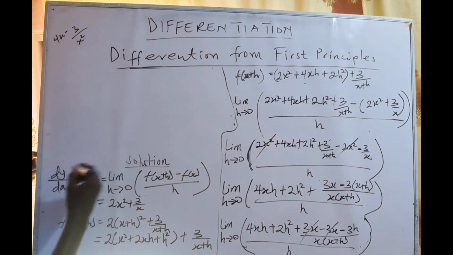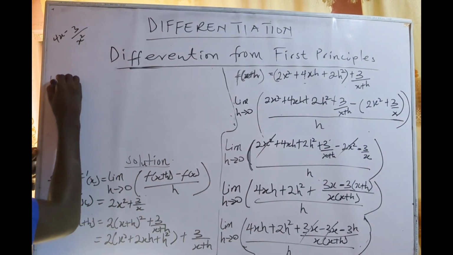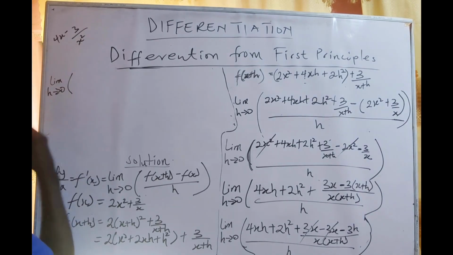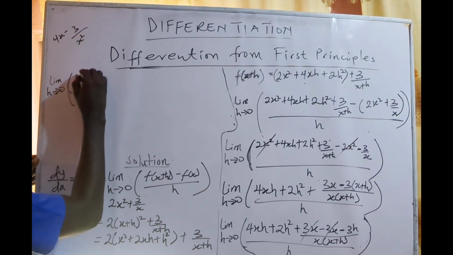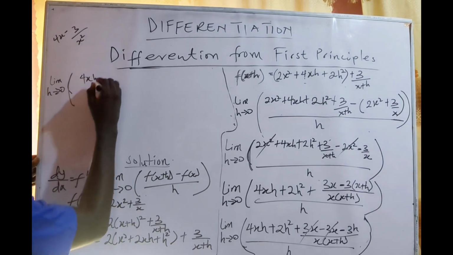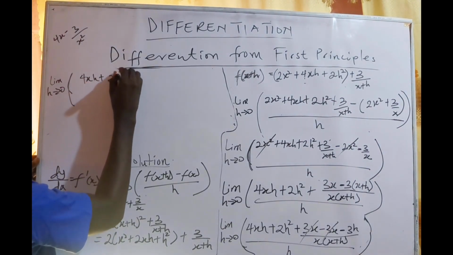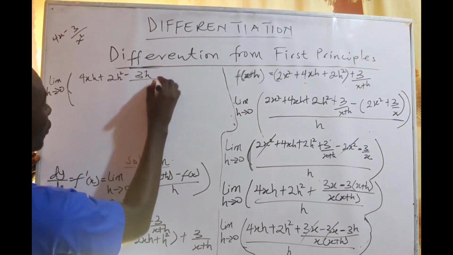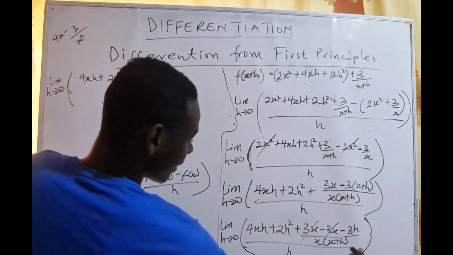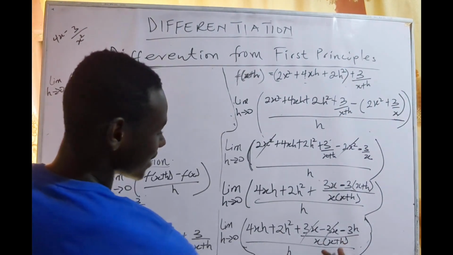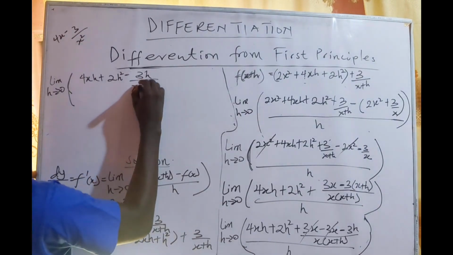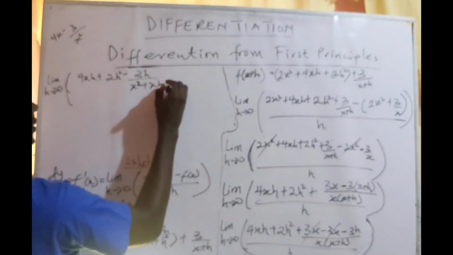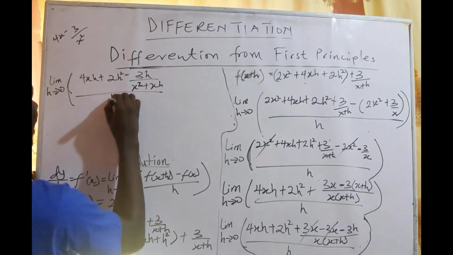So we continue by saying our limit as h approaches 0 is now 4xh plus 2h squared minus 3h on, then we expand the expression over here. x times x gives us x squared and x times h gives us xh, all divided by our h.